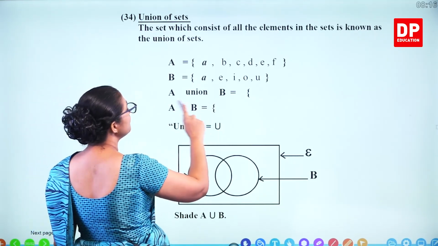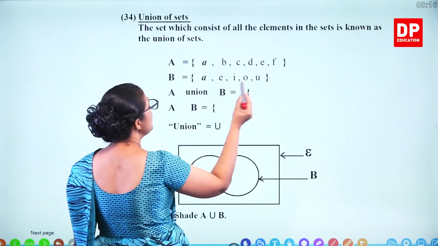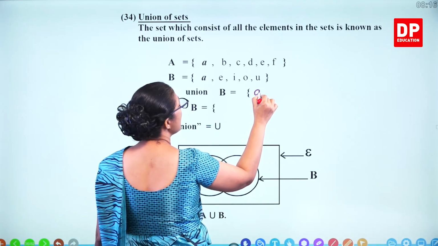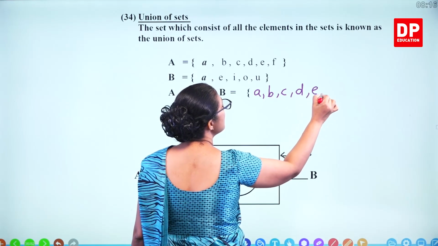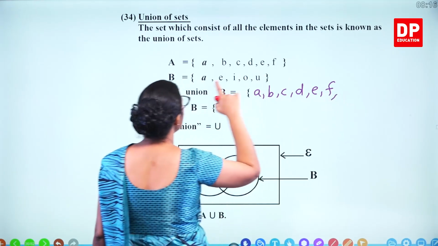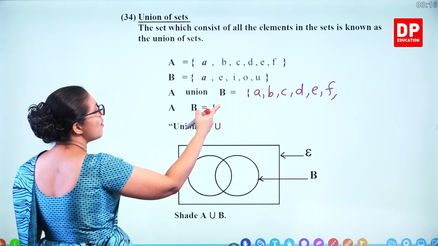We write first A: A, B, C, D, E, F. Then look at B and write down all elements.